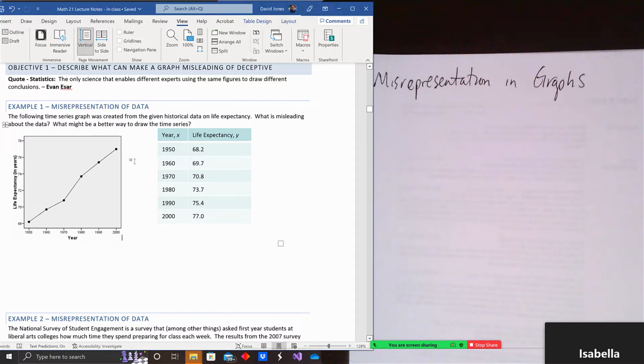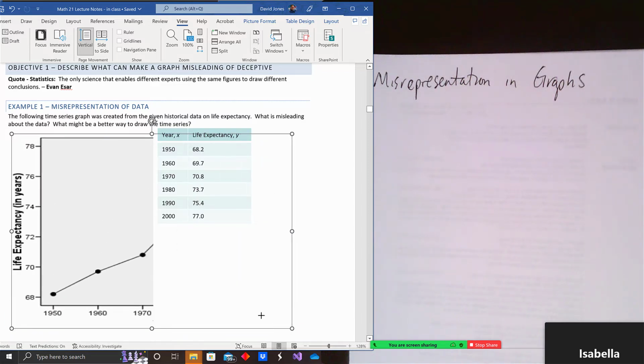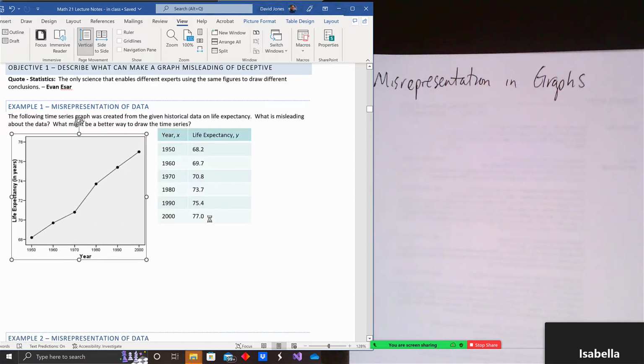Okay, so I'm looking at this data set, and this following time series graph was created from historical data on life expectancy. And what is misleading about it? So if I take the graph and blow it up so it's pretty big, it's not showing up on top.